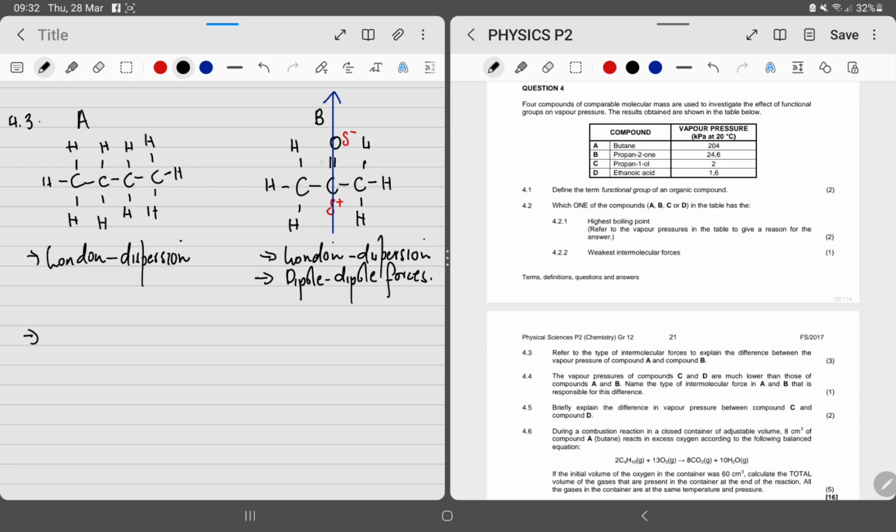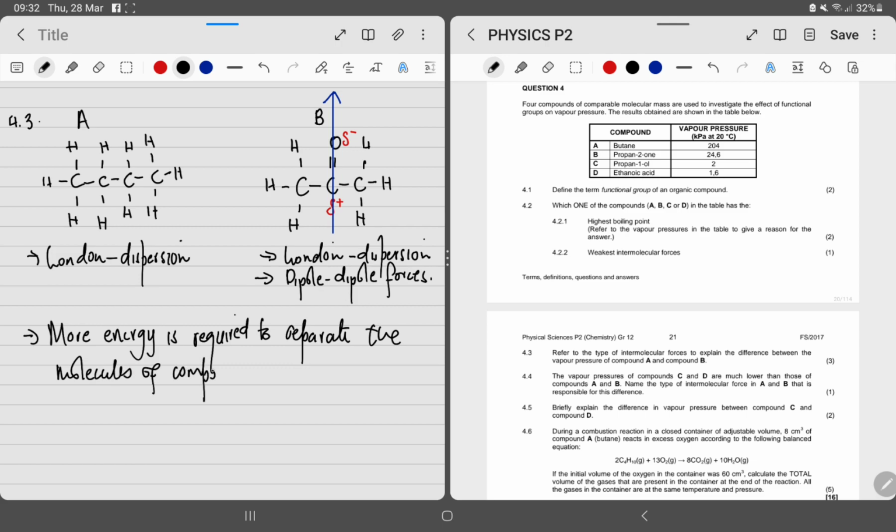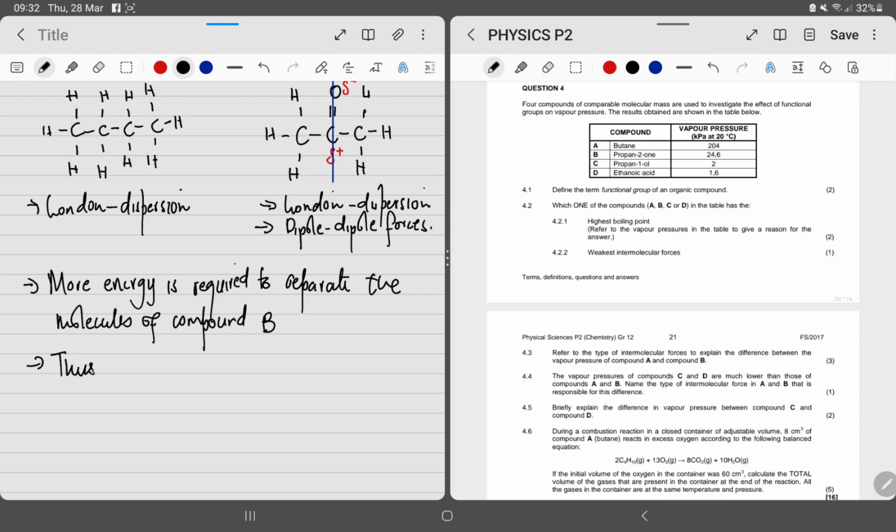So we need more energy to separate the molecules of compound B. So we will say more energy is required to separate the molecules of compound B. Thus, B has a lower vapor pressure.